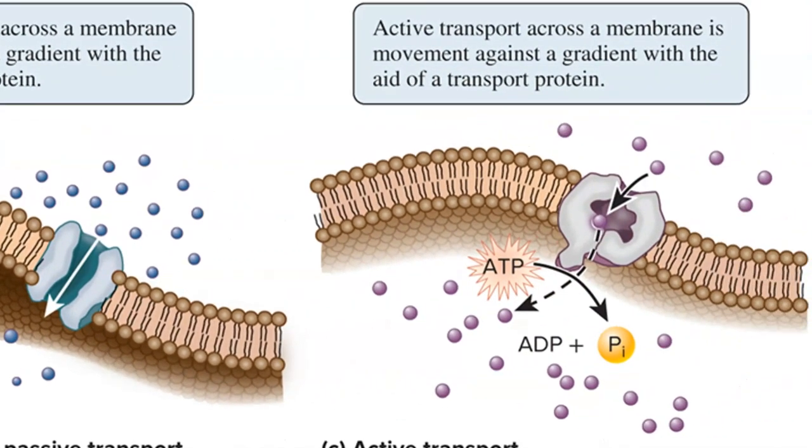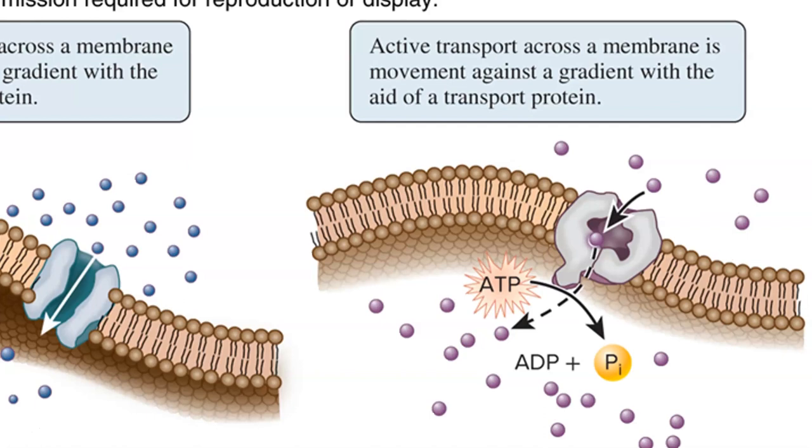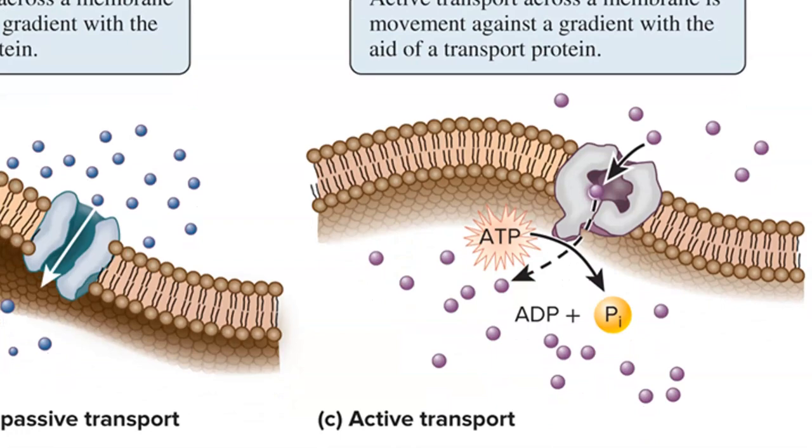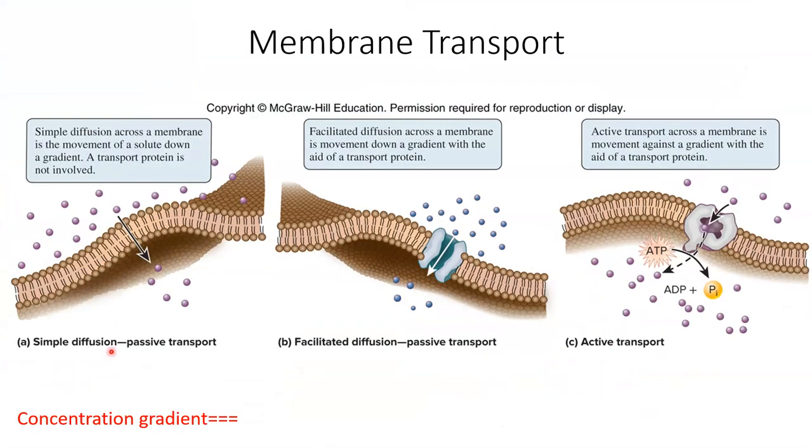And then finally, active, you see at the top, we have a low concentration of purple. It's going through some type of channel, and it's also using that ATP energy to go to a high concentration. So again, just looking at the big picture, we're going high directly through the membrane to low, high with facilitation to low, low with facilitation and energy to high.